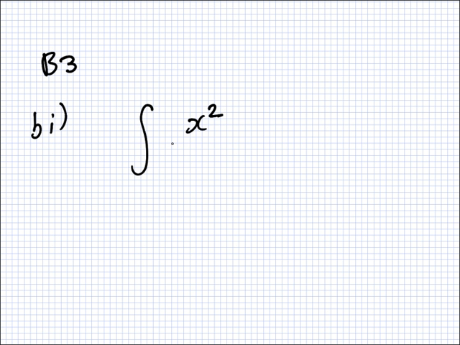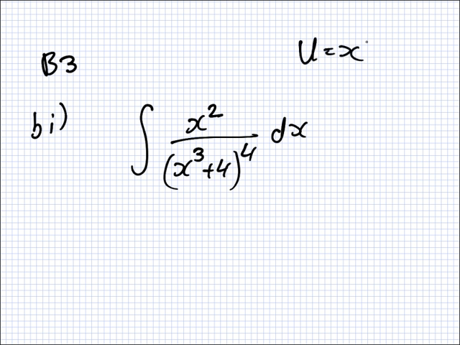The integration question: x squared over x cubed plus 4 to the power 4 dx. And they tell you to use a substitution here, but you could probably guess what the substitution is. X cubed plus 4.